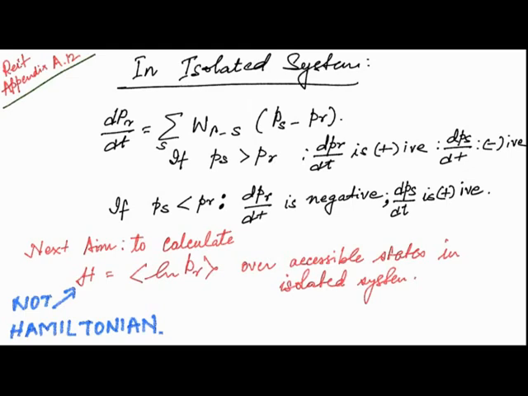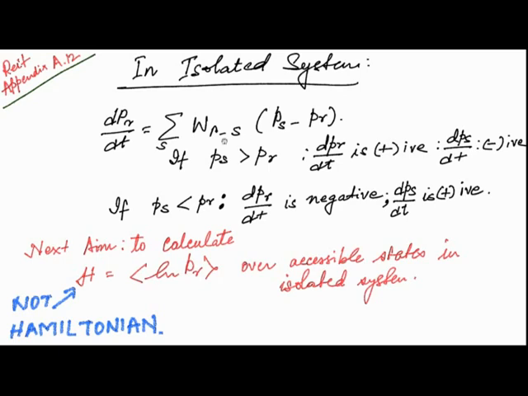So how does one see that? Now suppose in isolated systems, dPR/dt, let's write that as sum over S, WRS equal to WSR, and PS minus PR. So if PS was greater than PR, then this would be a positive quantity, right? So PS minus PR would be positive, and dPR/dt, the rate of change of PR with time, the slope would be positive.